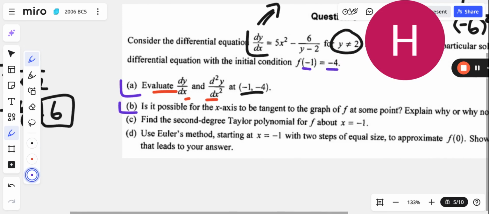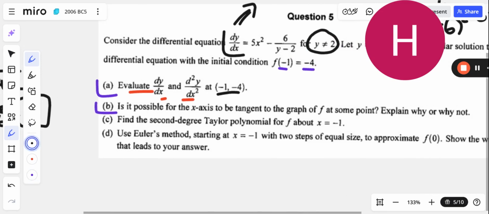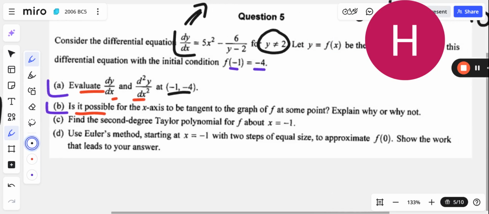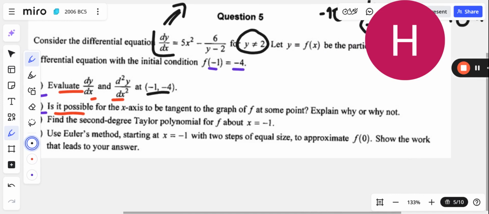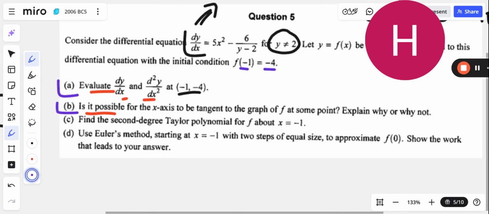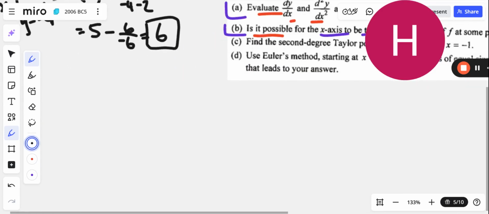Part B. Is it possible for the x-axis to be tangent to the graph at some point? Okay, well, let's think about what it means for the x-axis to be tangent. Tangent means it touches the curve. The x-axis touches the curve, which means that y equals 0.